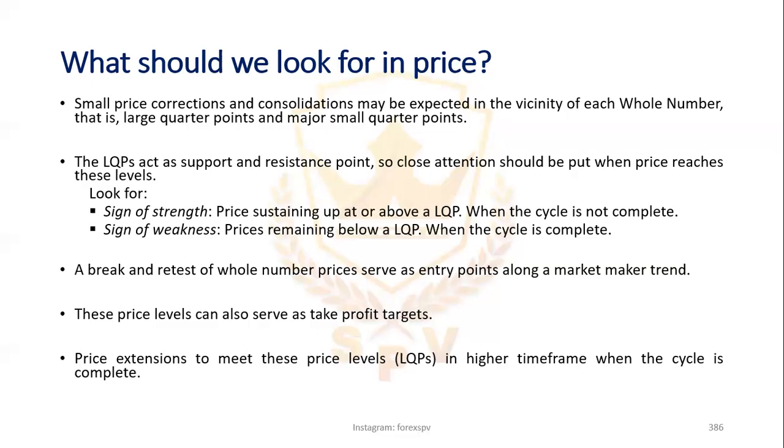So price extensions to meet these price levels in higher time frames when the cycle is complete should be expected. So when you're analyzing your charts, and you see that after the cycle is complete, price is near a large quarter point, you should expect price to extend further to find this large quarter point and then reverse the market.